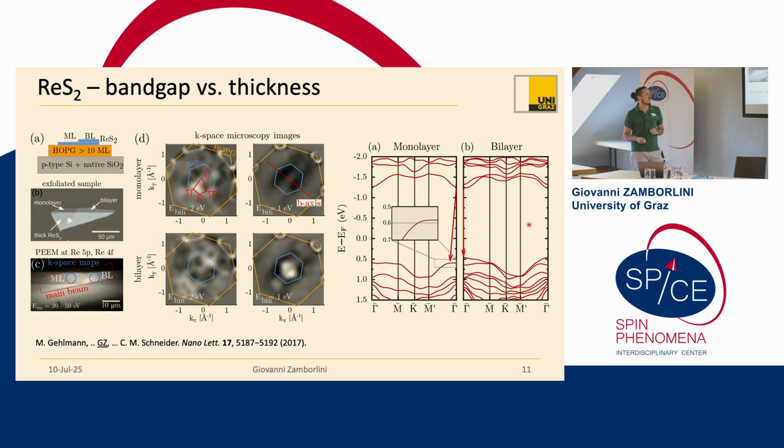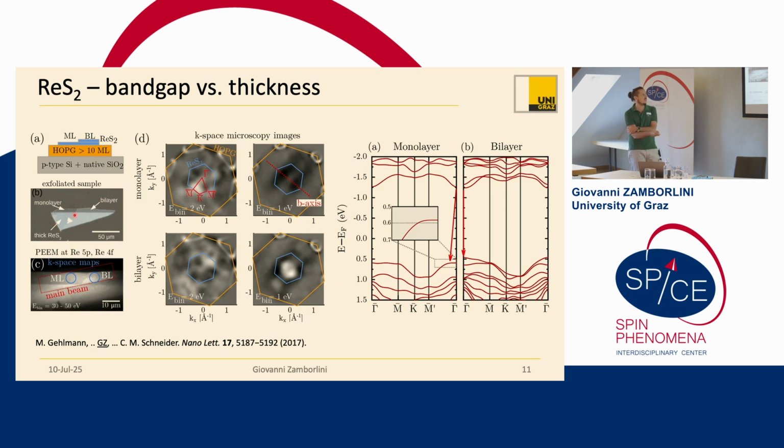This is an experiment done with the users in 2017 when I was still a PhD student at the synchrotron. And you can see how everything that I introduced so far is now helpful, because they came with this rhenium disulfide sample, where you had the bilayer, the monolayer, and then the thick part, all in the same sample.